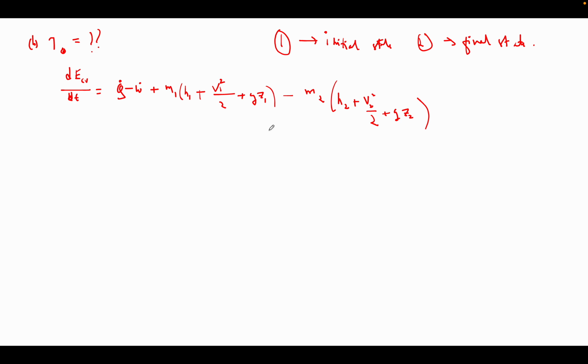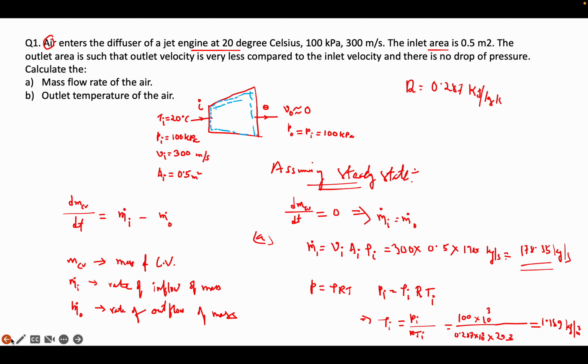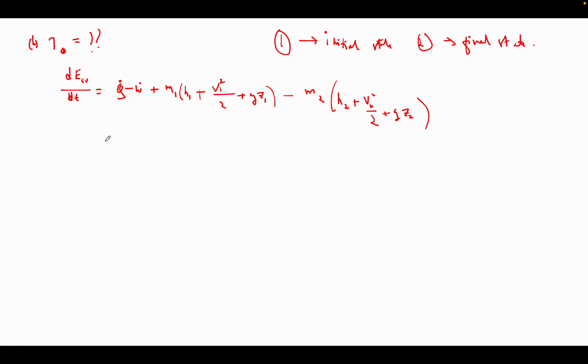But here we have already declared our initial and final states. Our initial state was i and my final state was o. So I will use the same notation here. Instead of this one, I will write it once again.